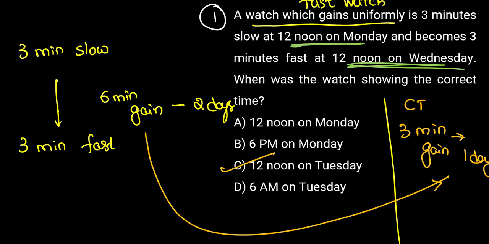So 1 day: 12 noon Monday plus 1 day will be 12 noon on Tuesday. Option C, 12 noon on Tuesday.